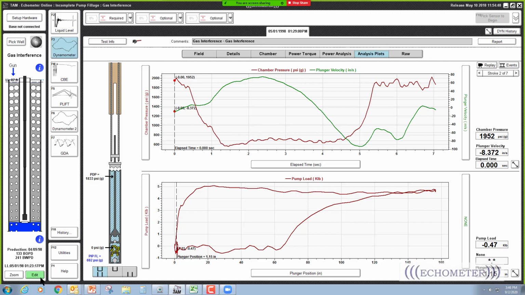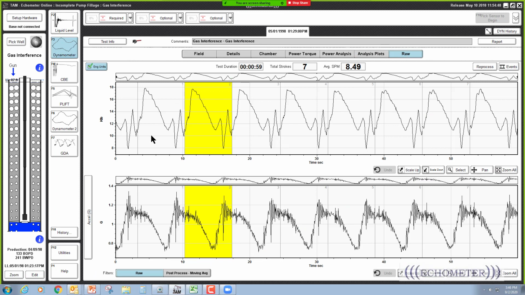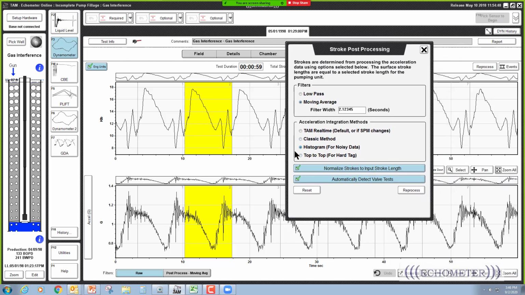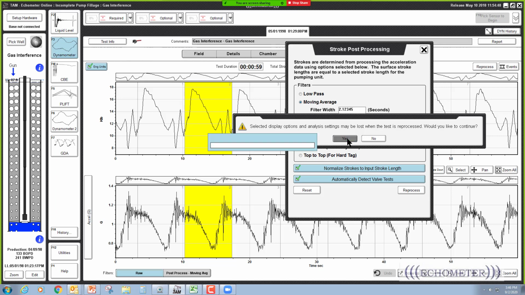If I go click on raw data, and I look at the load versus acceleration data, there's a button called reprocess. And when I click on reprocess, there's an option, well, it says histogram, but you can click top to top. I thought that we'd process that data from top to top, but it doesn't look like we had. But you can click, let's just say TAM real time, and reprocess and say yes.